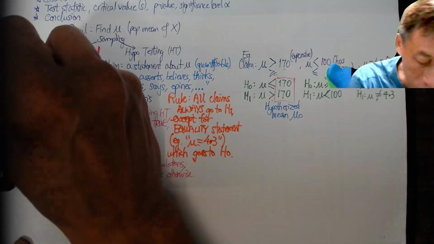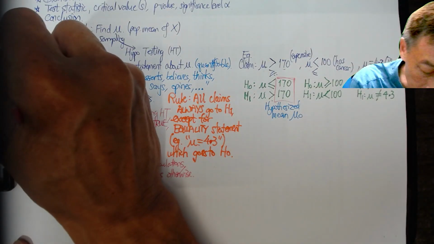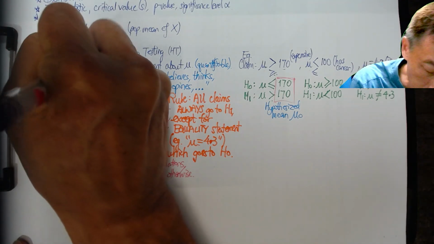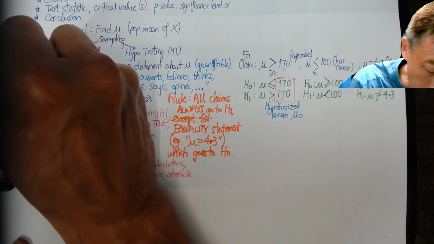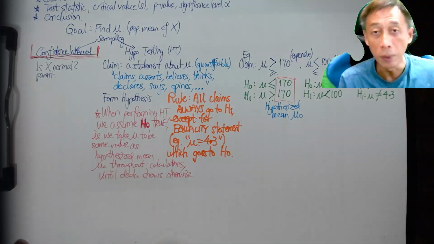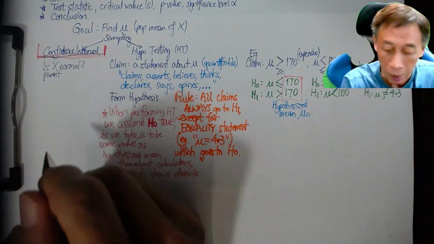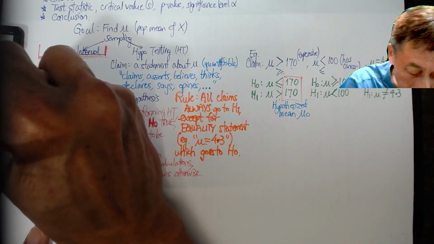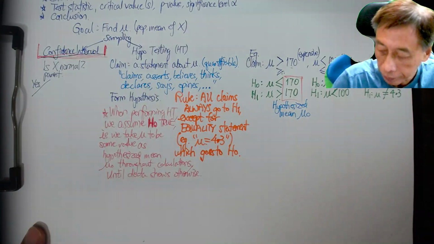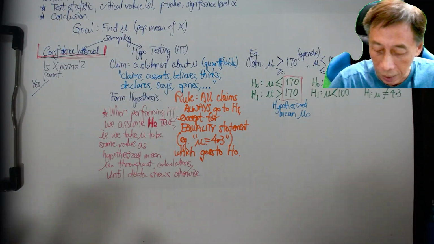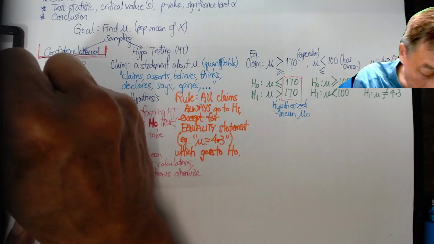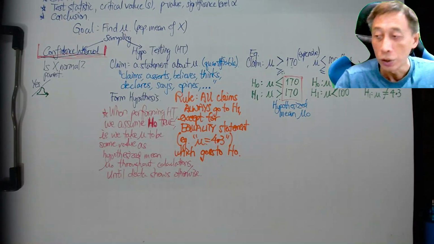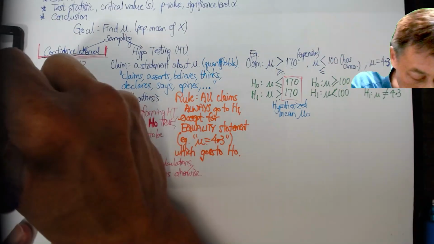But first we need to ask, is X normal, right? Is the parent distribution normal? Do we know that it is normal? If yes, means that we do have normality, right? That's good. So what do? Well, then use that.